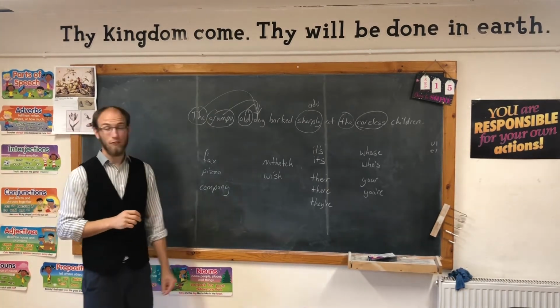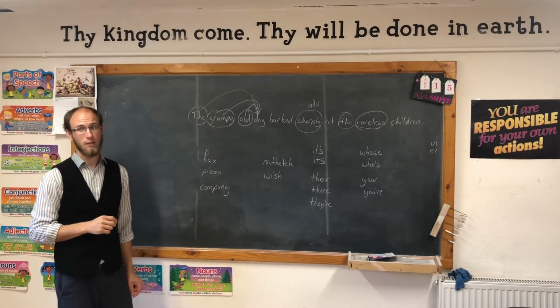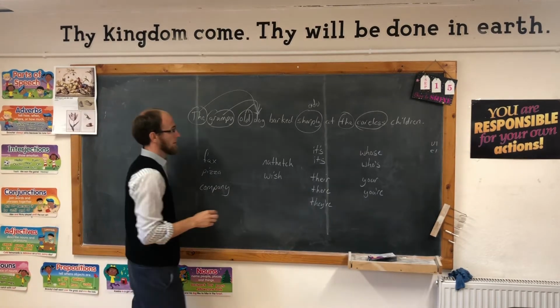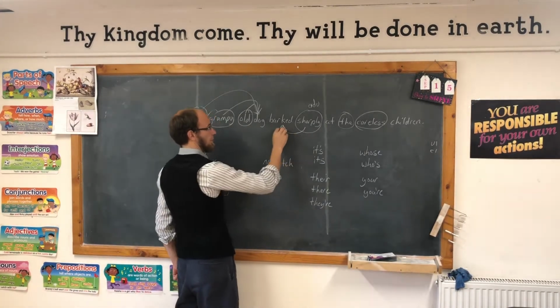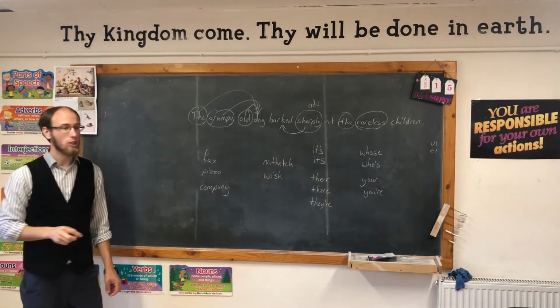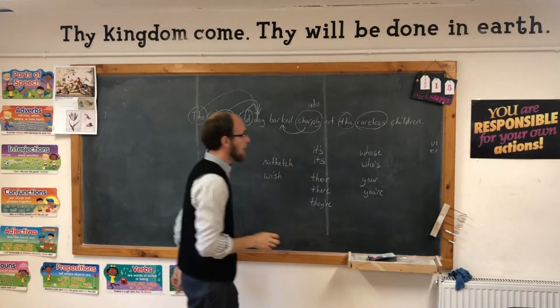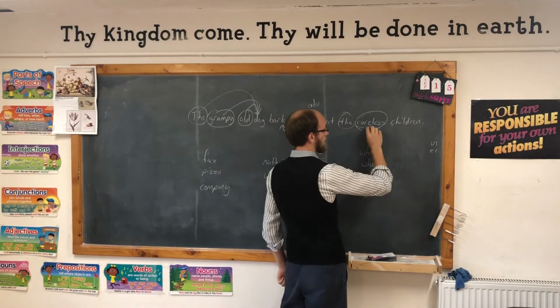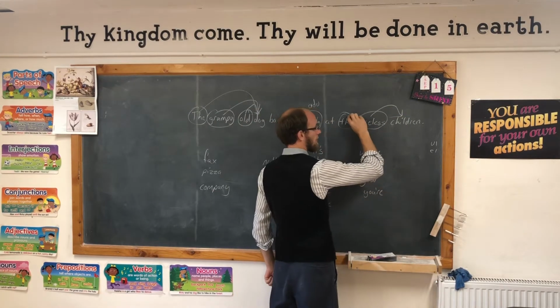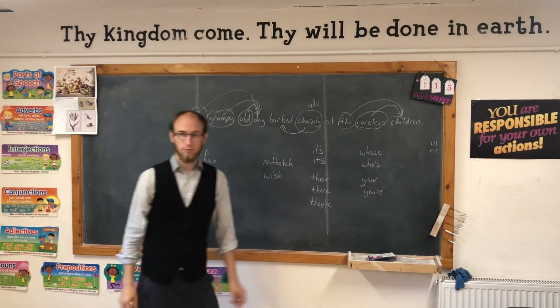It's going to modify the verb because it's an adverb. Barked. It's telling how it barked. Sharply. A very quick, sharp bark. And then careless modifies children, and the modifies children as well.